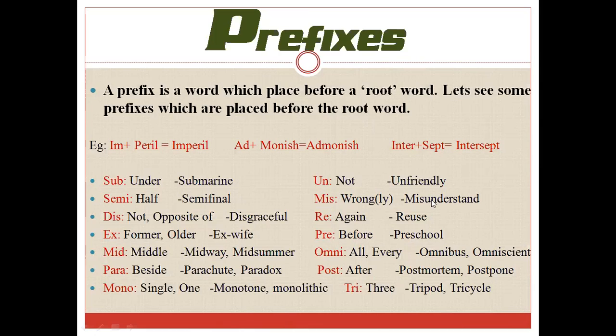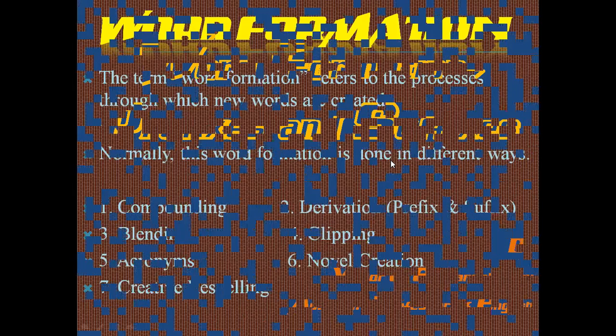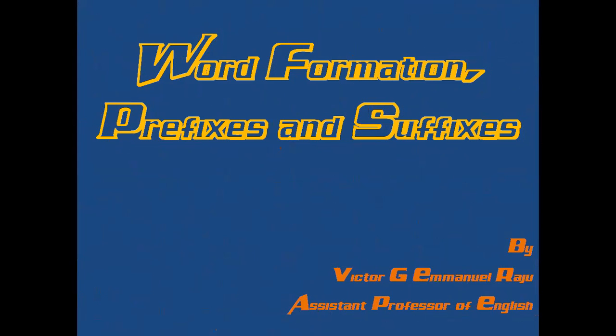So you can write misunderstand or miscommunicate or misunderstood or mismatch. That is how you can write. So you can write any of the root words to these prefixes. So this is how we're going to get new words, and this is all about the topic called prefixes and suffixes. Hope you all understood.